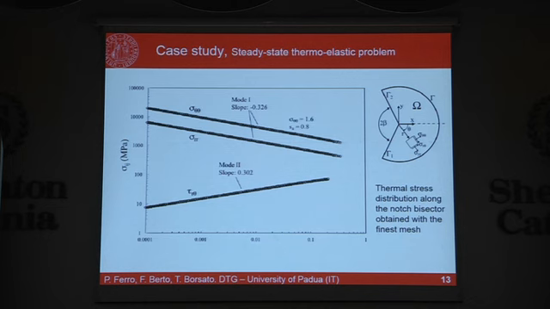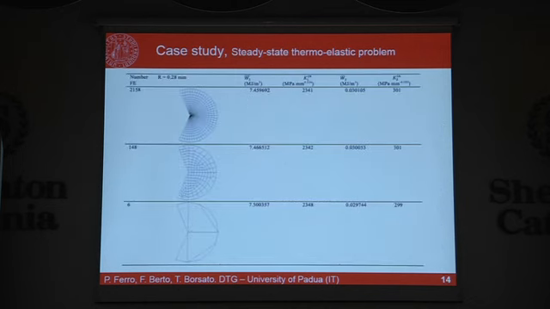What is important is that if we calculate the strain energy density by varying the mesh density, we obtain almost the same values, with an error which is in between 1.7 and 3.5%. And therefore, if we calculate the notch stress intensity factor induced by the thermal load by using such values of the strain energy density, we obtain obviously a similar value.